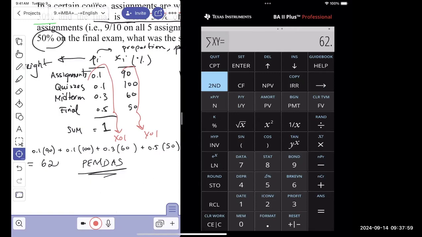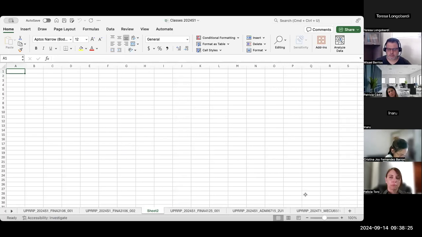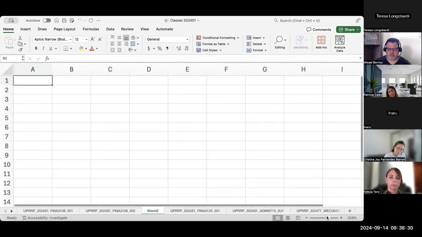Now let's see Excel. So for Excel, just like Carla did there, make columns, just like I did.